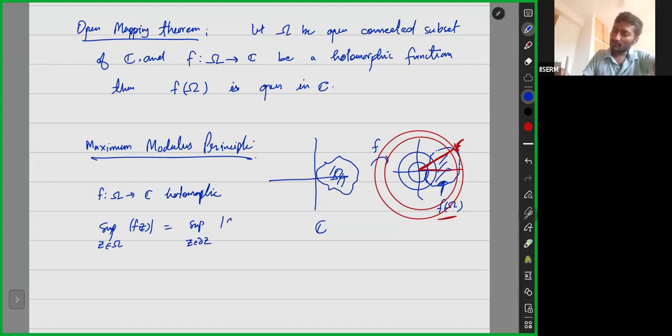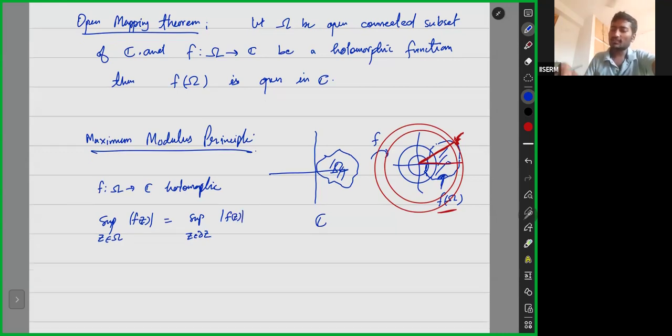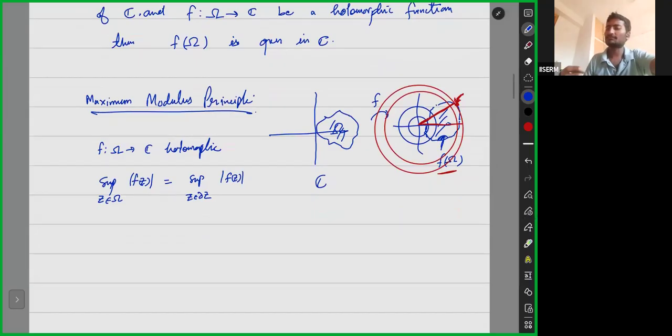Then the supremum of modulus of F of z is actually on the boundary, and it is not attained in the interior part. And so the open set is going to an open set. So if somewhere, for example, there is one point here where it attains maximum, it is going to here. This is, let's say, z, and this is the maximum point in the image, this is F of z. This has the biggest modulus inside the image part.